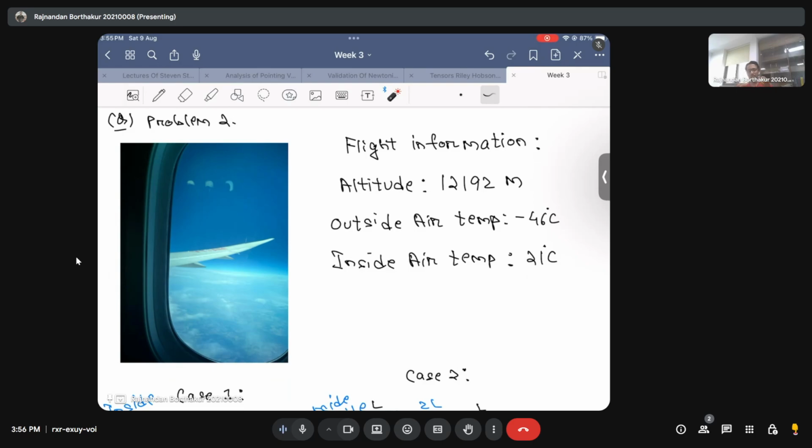Or in a case where we want to make a different design, where there is just the glass pane exposed to the aircraft body and the ambient air. I hope you like this problem because it's a realistic problem.